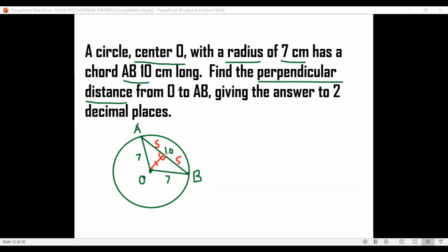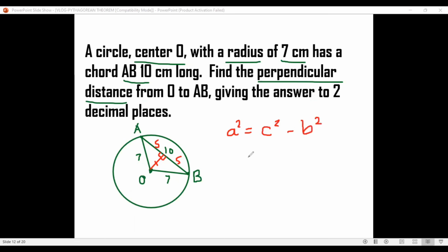So if you look into this, and you have this as the hypotenuse, this is now the perpendicular distance. I will have that as our altitude, where a squared is equal to c squared minus b squared.